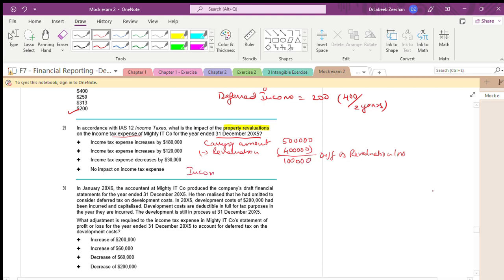Income tax benefit: 100,000 into 0.3, 30,000. What will happen? Income tax expenses will decrease by how much? Income tax expenses will decrease by 30,000.